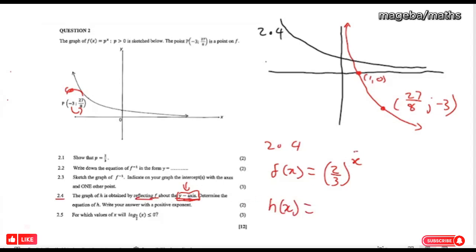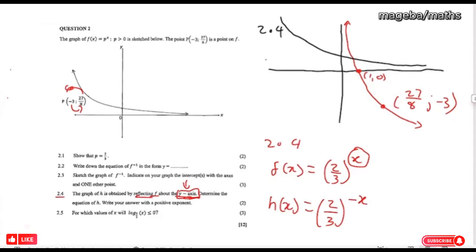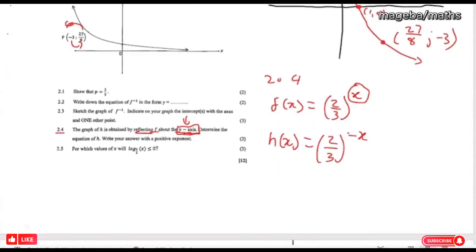Now remember, if we reflect about the y-axis, x needs to change, so it's going to be 2 over 3, now x is going to be the negative of x. Now remember, this is the reciprocal of whatever we have here. So if you can continue from here, you can leave it like that, it's fine, but it's 3 over 2 into x.